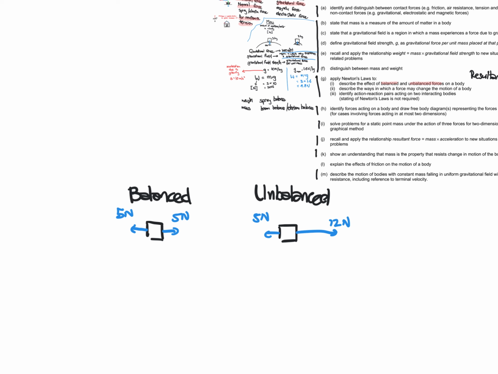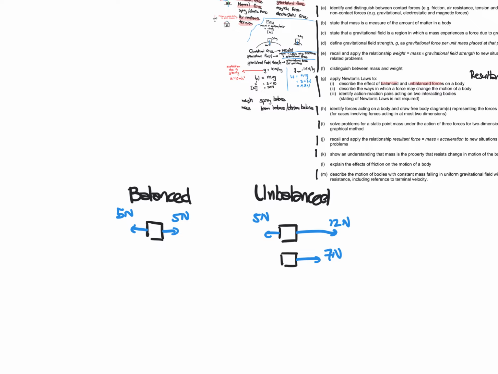It could even be one whereby I just have 7 newtons over here. That's also unbalanced, right? In this case over here, what's the result of this object being pulled in opposite directions with the same magnitude of force? Is there any resultant force? Well, no, right?